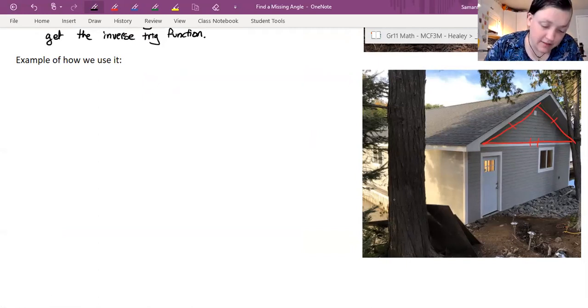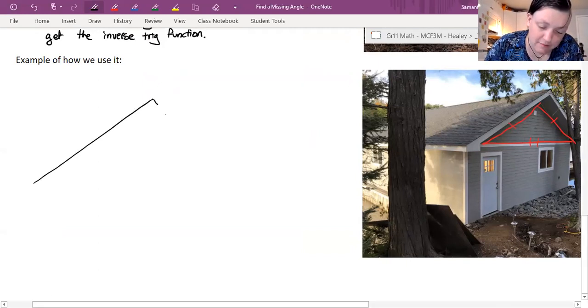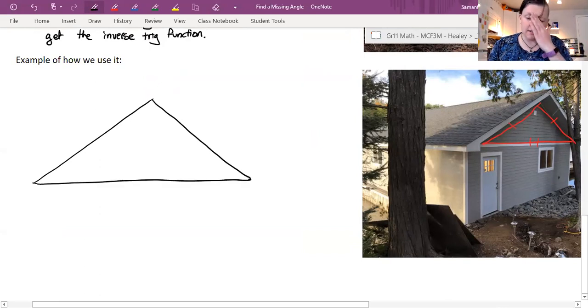So what I did was I got a little scrap piece of wood and I drew this shape on it. So I drew, okay, I've got a triangle here, and I just quickly measured. This was, I think, 24 feet across. And I think from the bottom here, where we're going to put up to the top, was 8 feet.